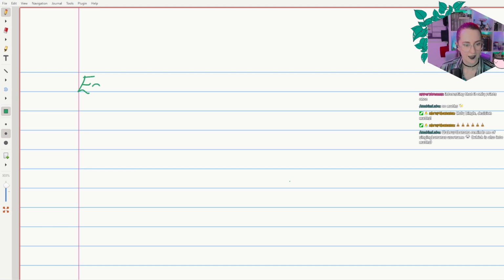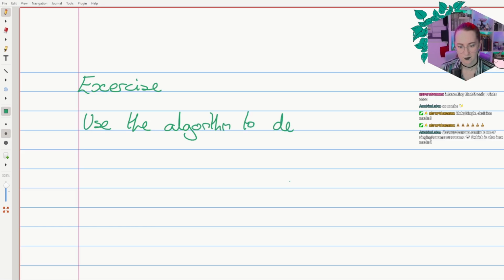So then they had an exercise. Use the algorithm to determine multiplication. Which I thought was kind of neat personally.